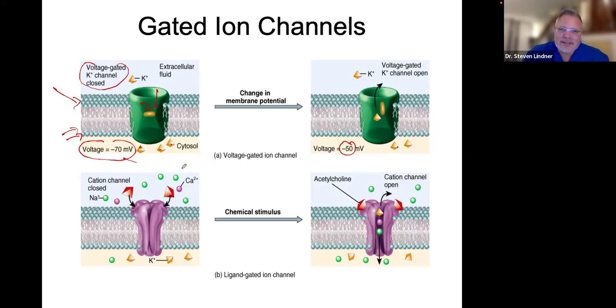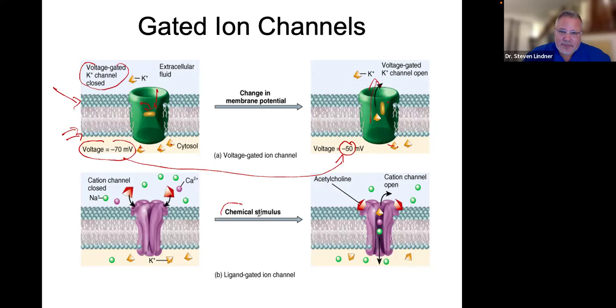When you go from minus 70 to minus 50, we have less negativity. We're moving more positive. So when that happens, that stimulus of the change in the voltage is enough to open up that gate so that potassium can exit.